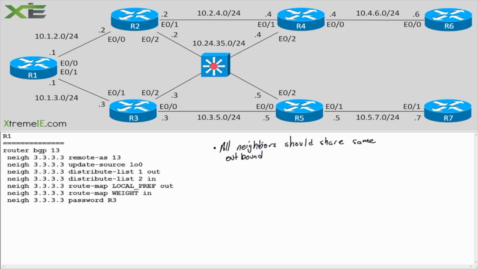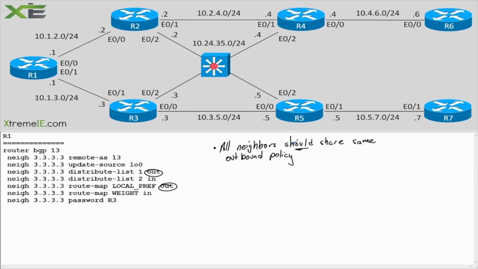The problem we come across is that if we are going to filter outbound like here, or the local preference here, all of our neighbors really need to share it. If you try to apply another outbound policy once the neighbor is inside of the peer group, it's not going to let you.